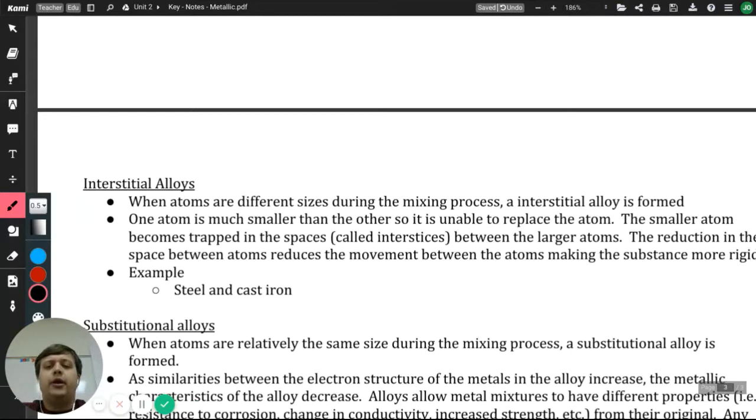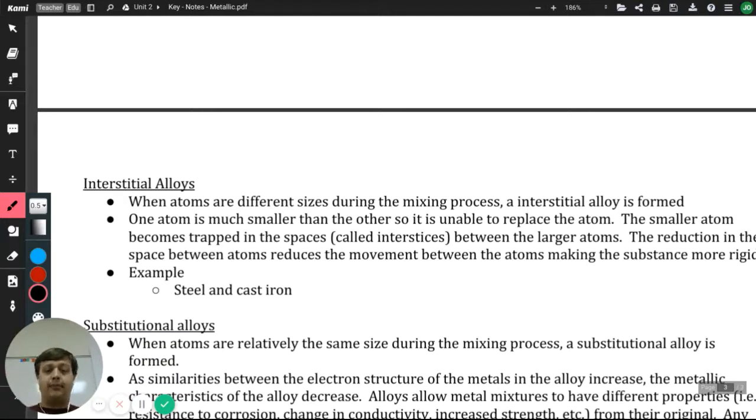So interstitial alloys are going to happen when we've got things of different sizes, specifically smaller, that are going to fit in between those metals. Okay? And when that happens, one is much smaller, and so it's not able to replace the metal, but it can fit in between the gaps between those islands of metals.